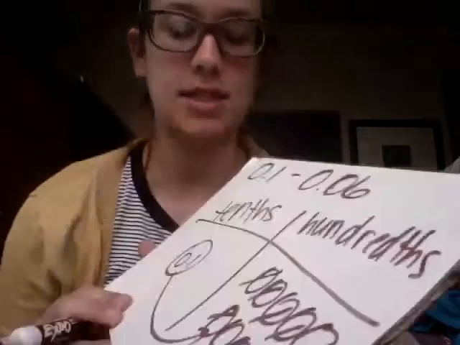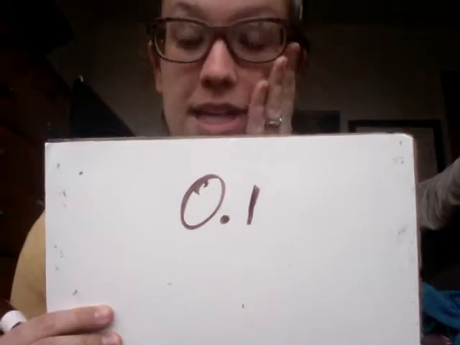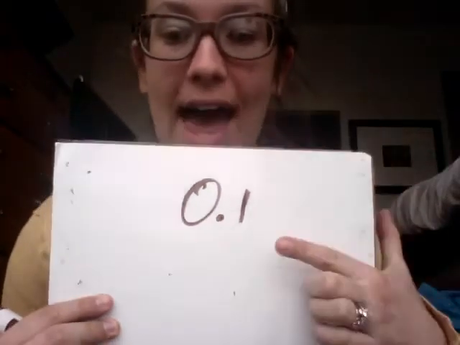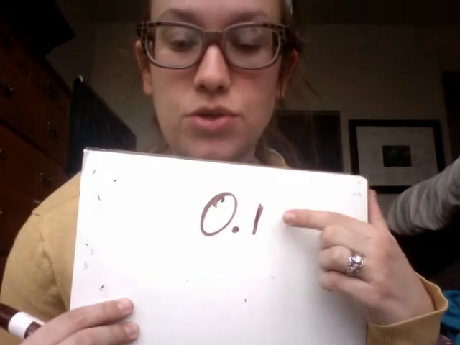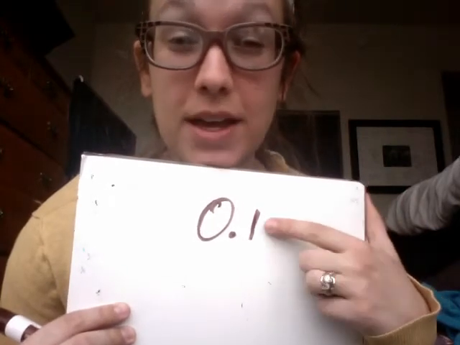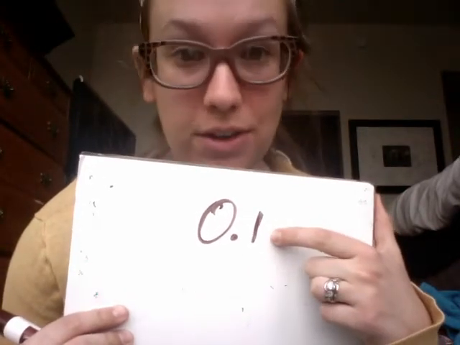Pretty simple stuff. Let's write it vertically though, just to show how we would do that, because this can be tricky when writing it vertically. I'm going to start with my tenth, because that's the bigger number. 0.1, that's 1/10. Remember, if I add a 0 in my hundredths place, that doesn't change the value.